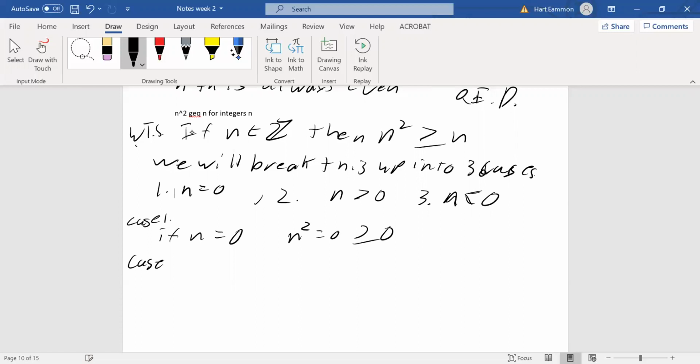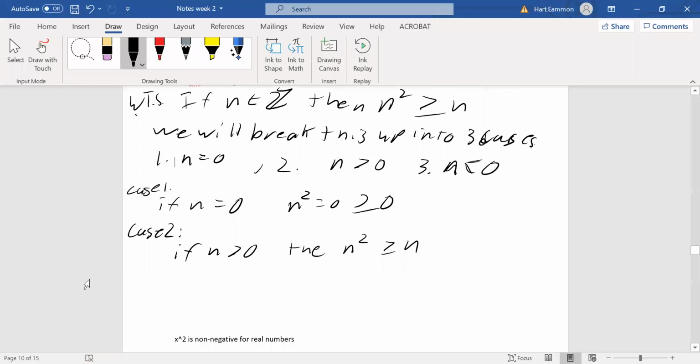Case 2, if n is greater than 0, then n squared is going to be greater than or equal to n, because for any positive integer, this is going to be a growing function, and basically the same thing, although even clearer for case 3.